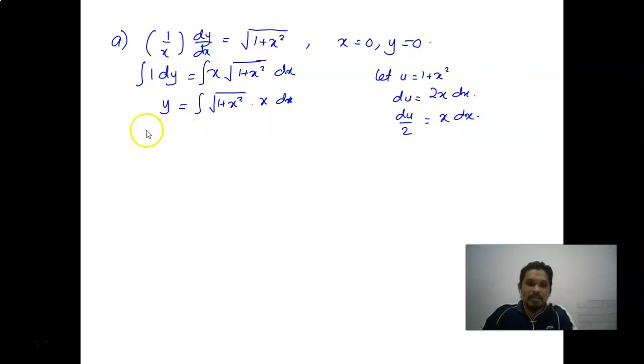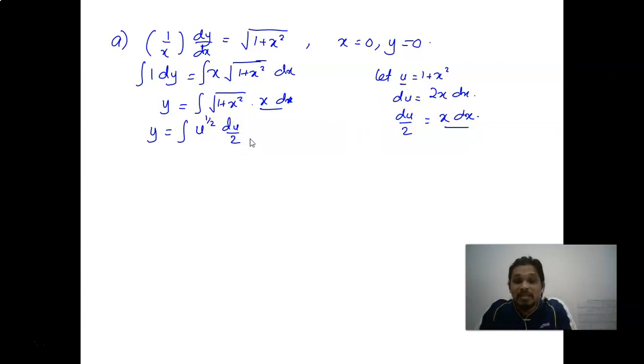Okay, so now y equal to integral of 1 plus x squared to the power of half, times x dx, which is du over 2. There you go. That's the reason that I changed the position between x and the square root of 1 plus x squared, so we can substitute clearly here.